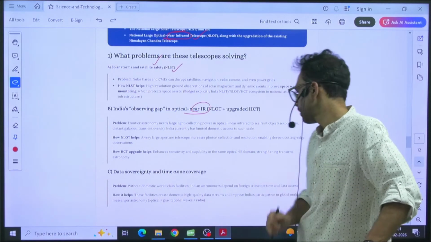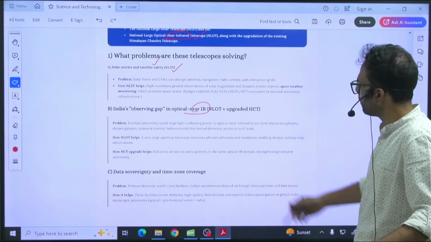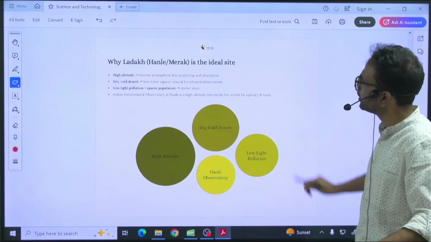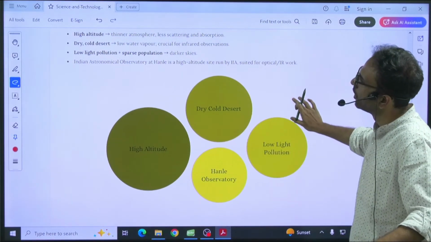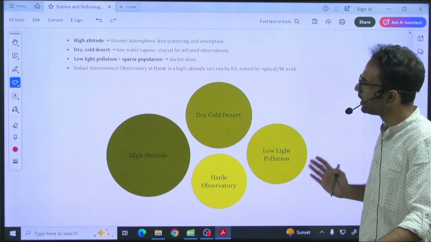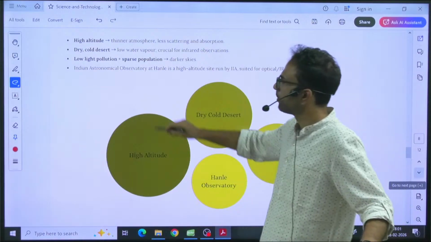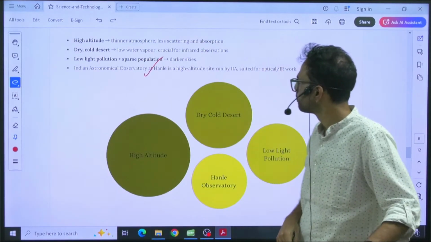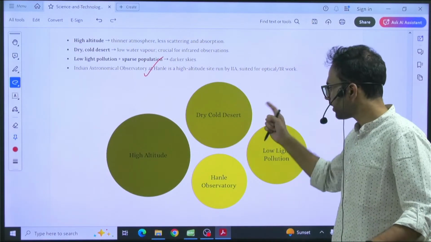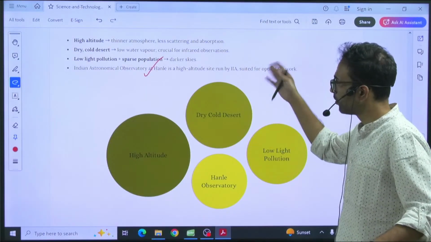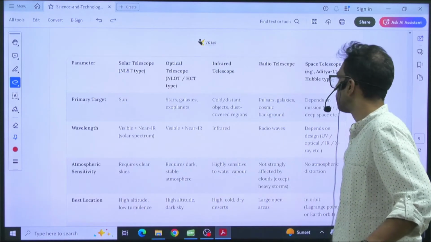That's why. Now, there are certain conditions given in newspapers regarding the importance of these sites. High altitude, dry, cold desert, low light pollution, and the presence of the Indian Astronomical Observatory. Okay, these are the reasons cited. That's why you will have to note them down.